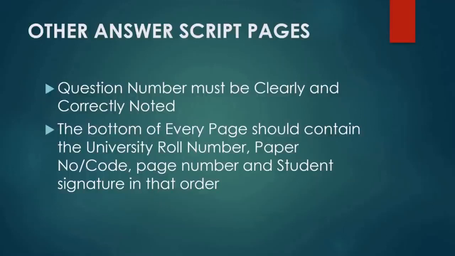If you mix them up, the university will not be responsible if any issues arise during the evaluation of your answer script. Number two, the bottom of every page should contain the university roll number, paper number or code, page number, and your signature in that order. I will show you exactly what that means.